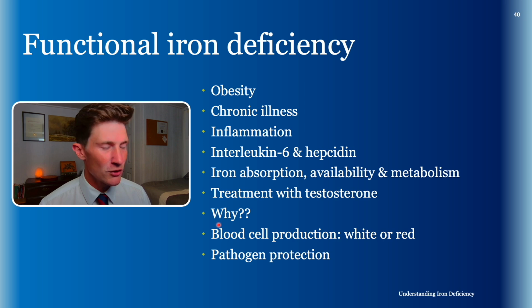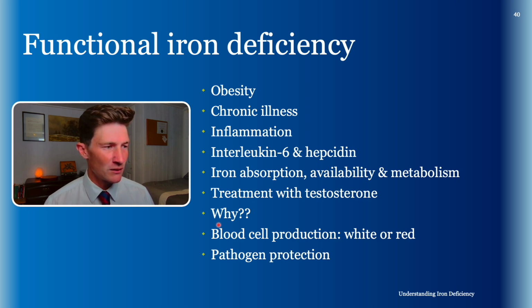A good question to ask is why? Why, if we recognize that our body has innate intelligence and what it does is usually adaptive for the situation that it's in, why would your body want to decrease iron availability when there is an increase in inflammation?